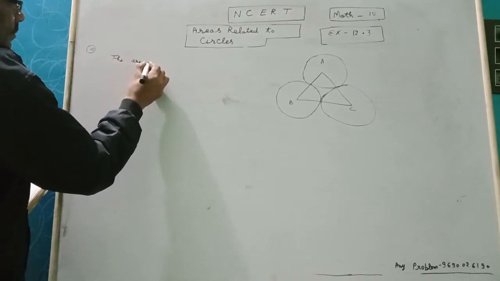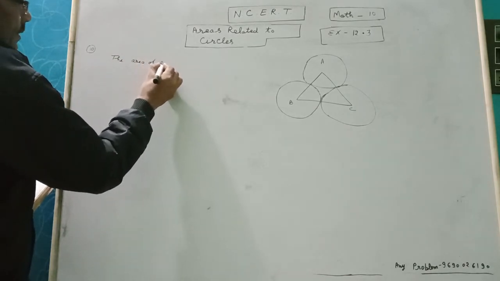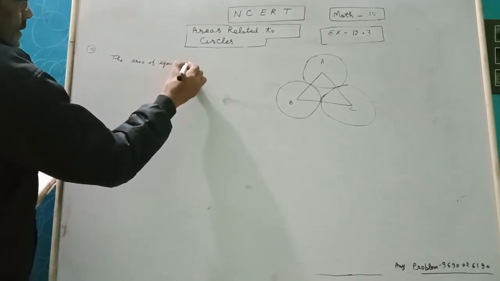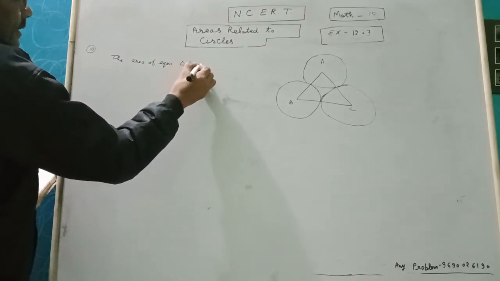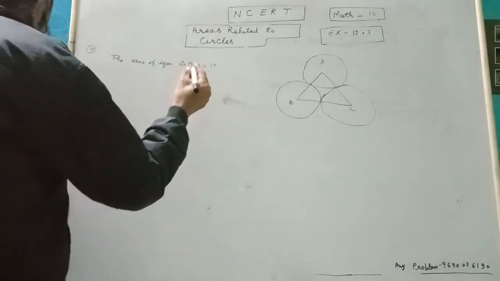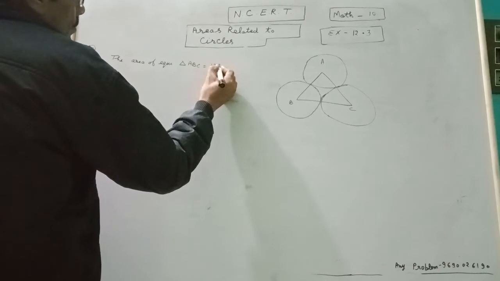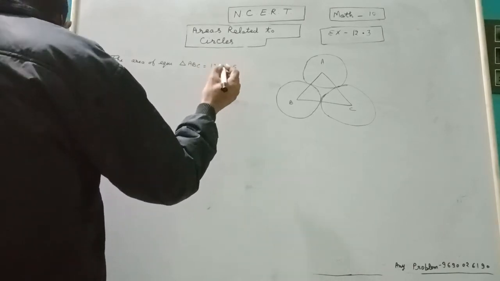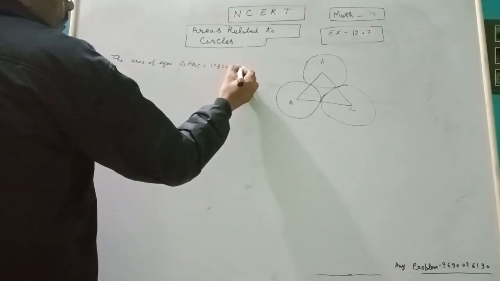Area of equilateral triangle ABC is equal to 17320.5 cm square.